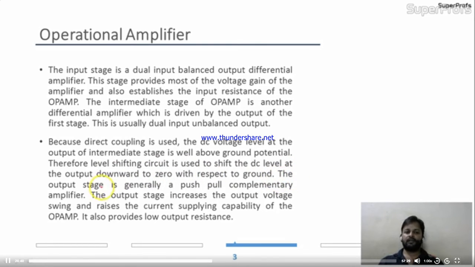The output stage is generally a push-pull complementary amplifier. The output stage increases the output voltage swing and raises the current supplying capability of the Opamp. It also provides low output resistance. The low output resistance means which type of source it is?